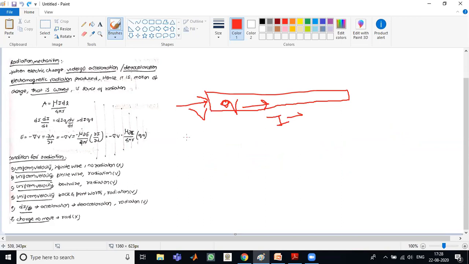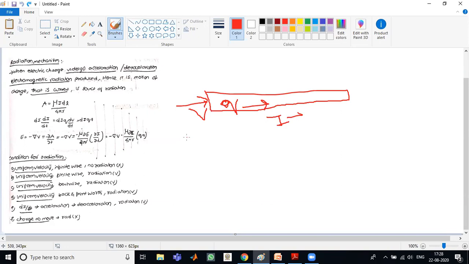This takes place only under certain conditions. One is if there is no voltage present, then there is no charge produced and there is no radiation. If there is no movement of current, no acceleration or deceleration, there is no radiation.